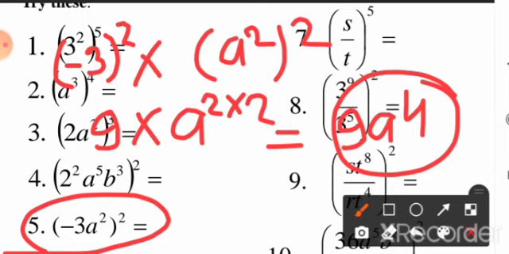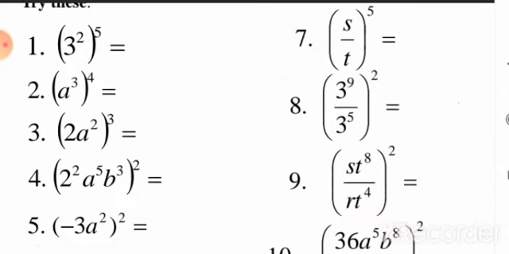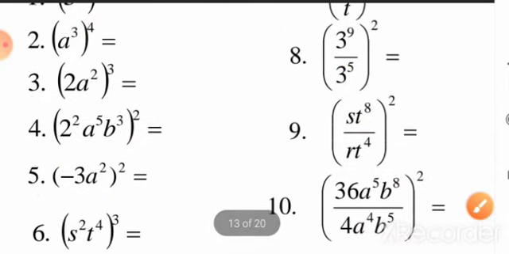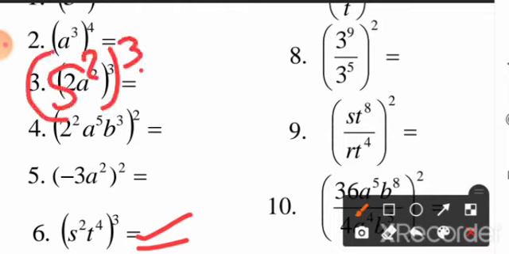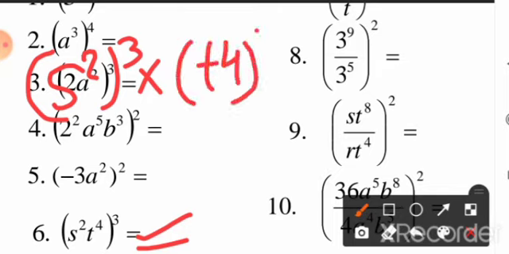Next one, question number 6. Question number 6 is given here. So first apply the same identities or same laws. So first write s power 2, whole power 3, into s t power 4, whole power 3.